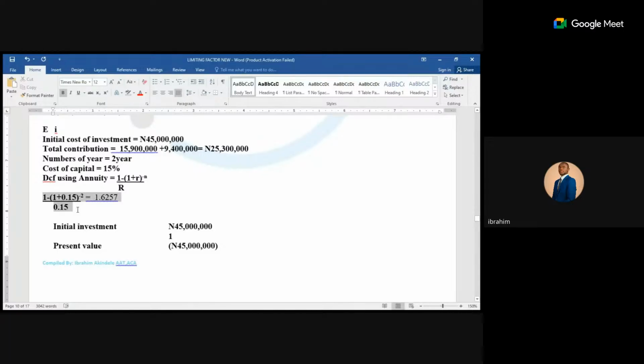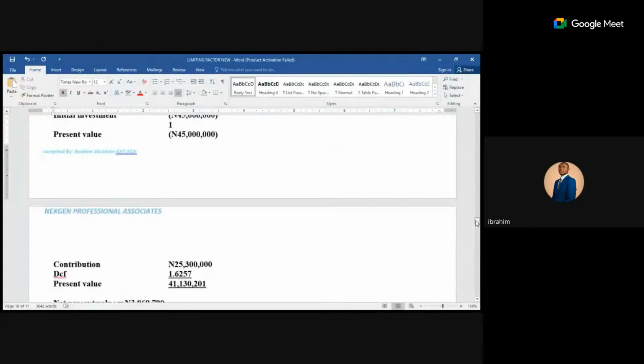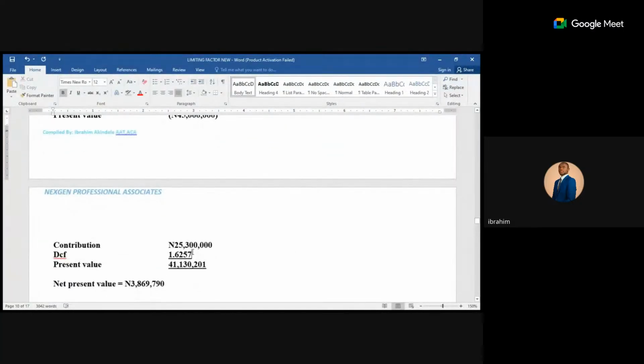This is the annuity. This is the initial investment at year 0, so you have 45 million negative. Then your contribution, your DCF is based on annuity, 1.6257 times 25,300,000 of the total contribution.